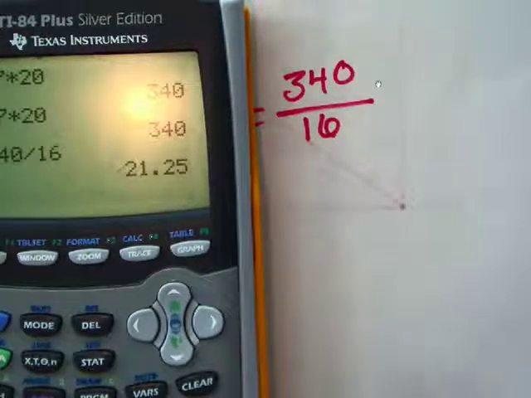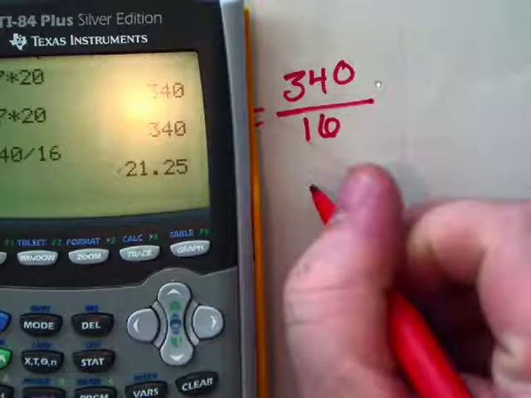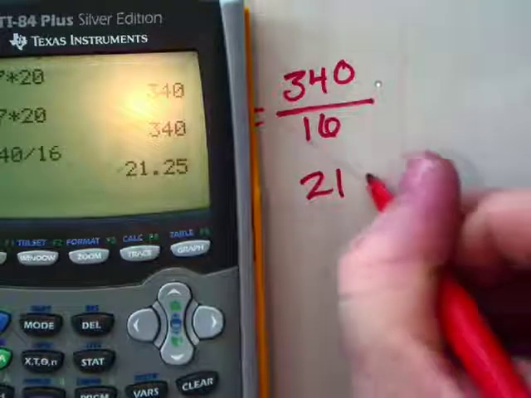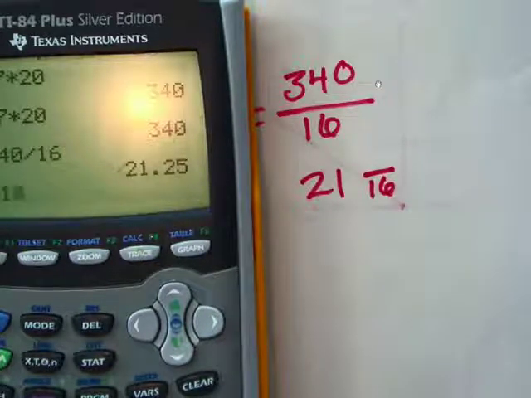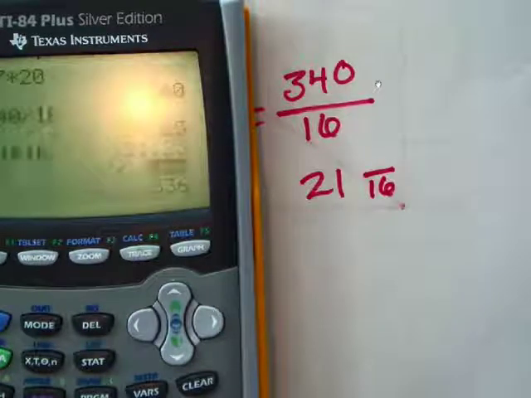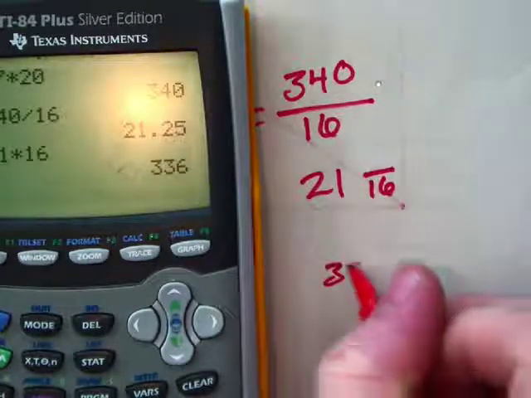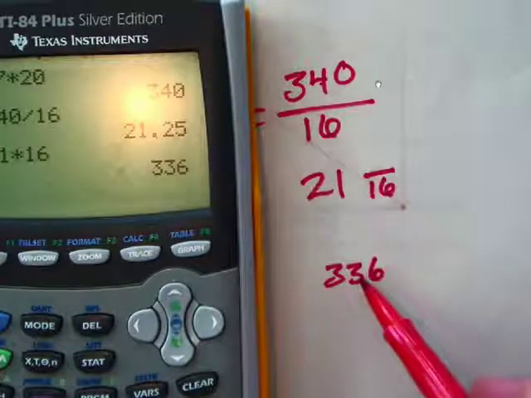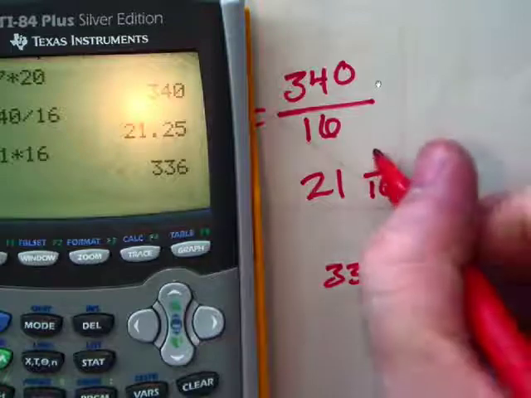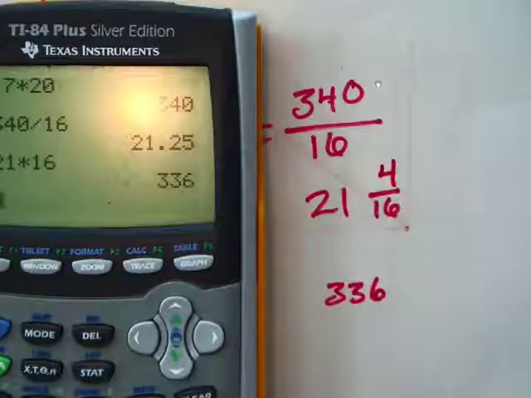21.25. Okay, all I want is the whole number. So I know it's going to be 21 and something over 16ths. Well, what's left? 21 times 16 is 336. So 340 minus 336 is 4/16.